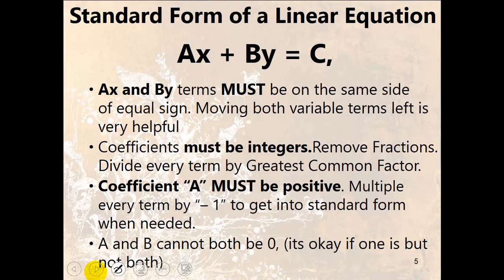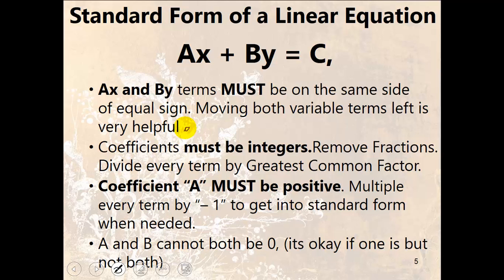All right, standard form of a linear equation. Mrs. Abeg went over this last year. Ax and by terms must be on the same side of the equal sign. Moving both of them to the left is very helpful. Coefficients must be integers, so that means if you have a fraction, you've got to multiply every single term by that denominator to get rid of that fraction. Then you have to divide through by a greatest common factor.